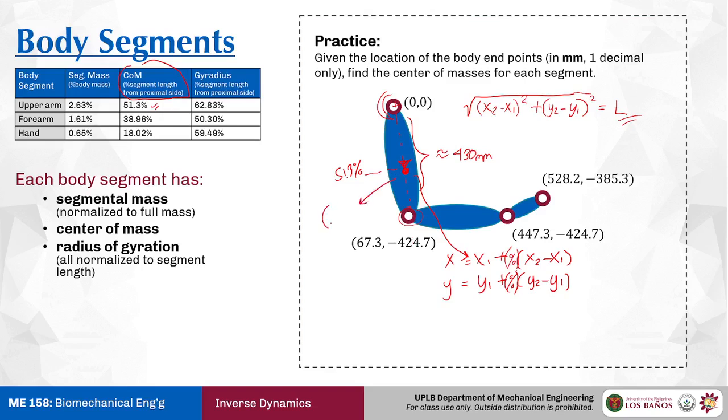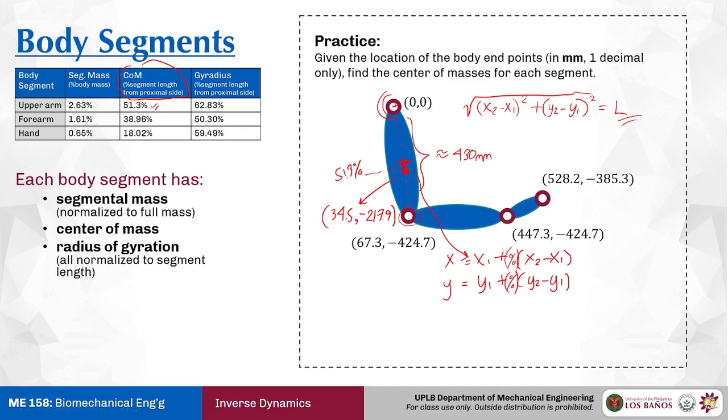So this thing is 34.5 and negative 217.9. Yes, I think that's the right value for the center of mass of the upper arm. For the rest, I leave it as an exercise.